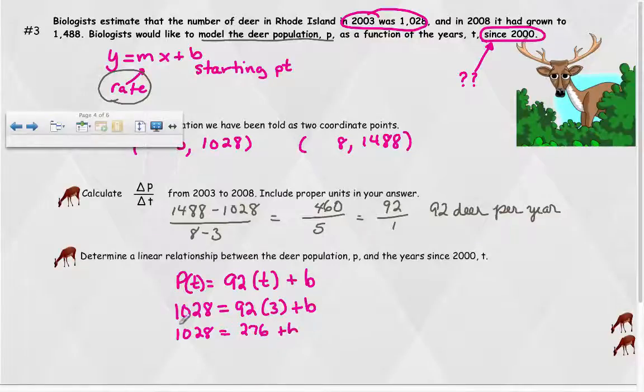Move my 276 over to this side. Let me do some math here. I find b to be 752. So now my equation of my line is the population of the deer is 92 deer per year added on to the original 752 that were around in the year 2000.